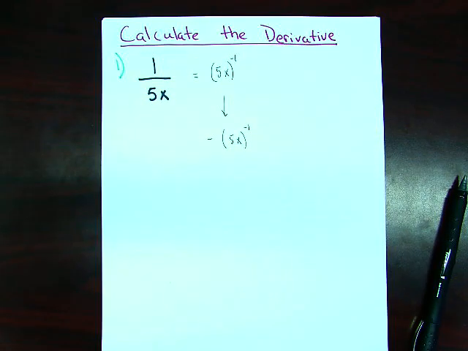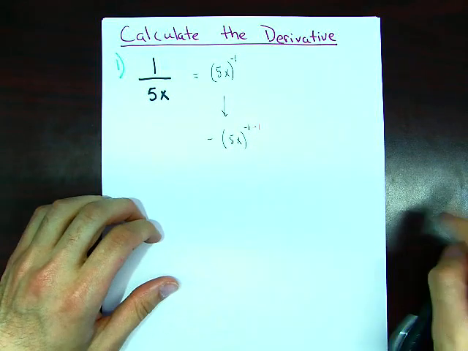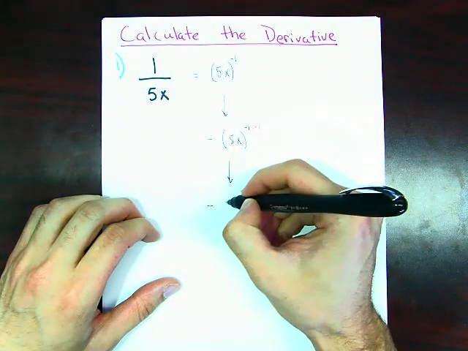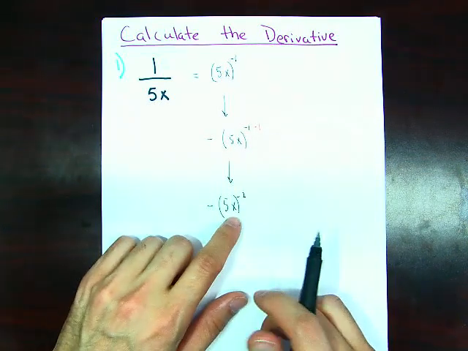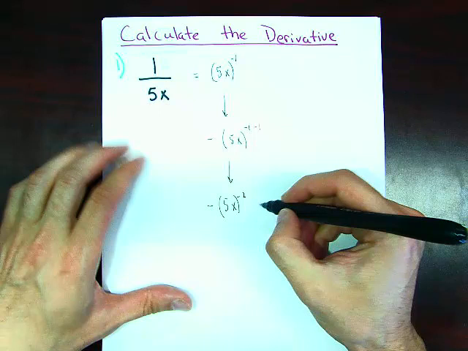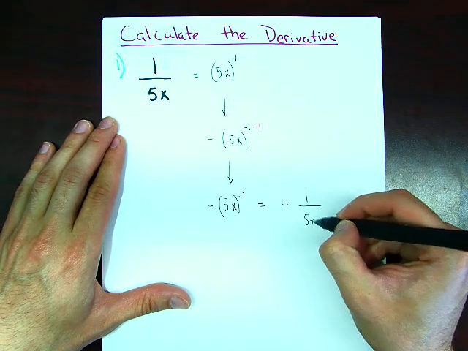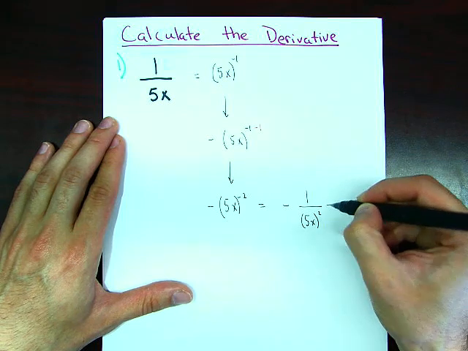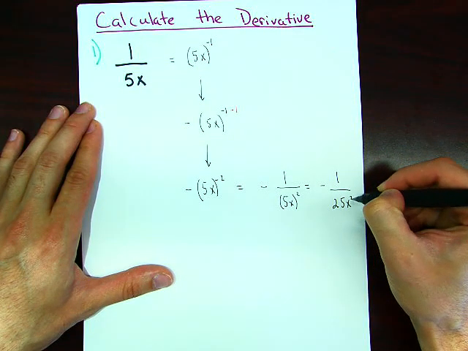And then there's a minus 1, okay? And then this becomes negative 5x to the minus 2. The whole thing is to the minus 2, not just the x. So then this becomes negative 1 over 5x, the whole thing squared, and that becomes negative 1 over 25x squared.